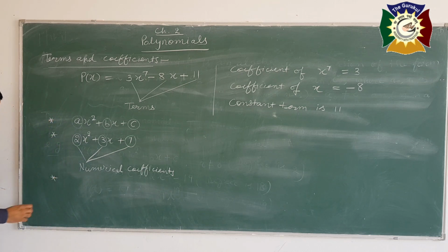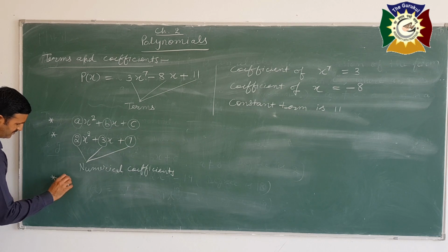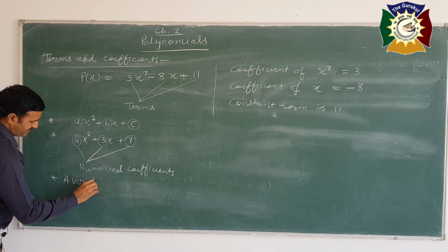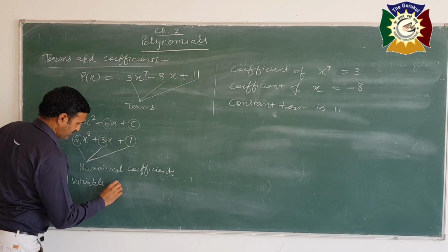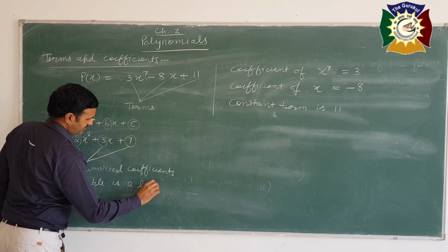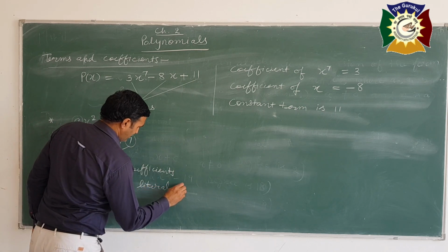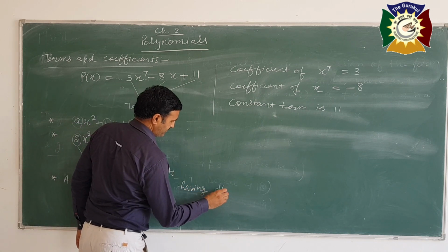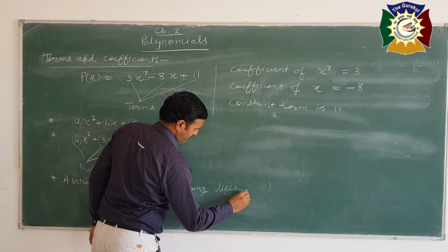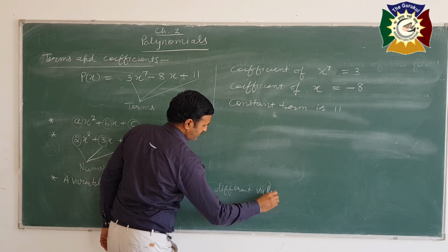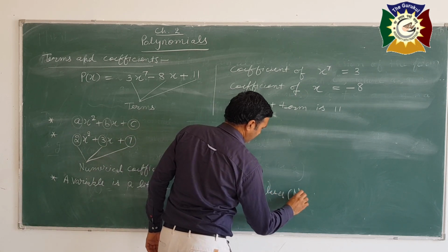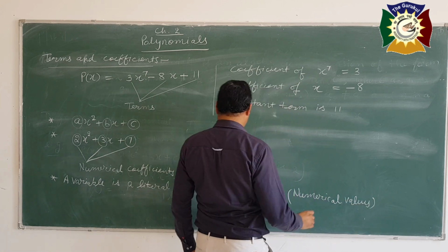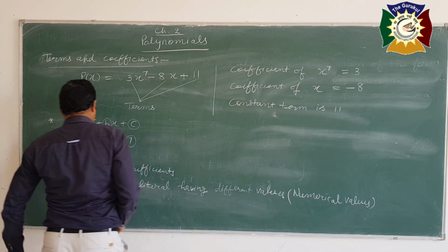So a variable is a literal having different values, or specifically numerical values, that is the variable.